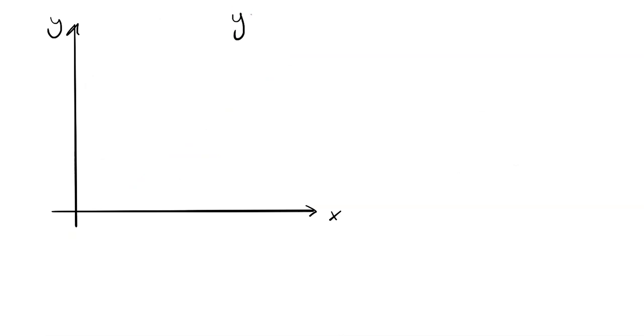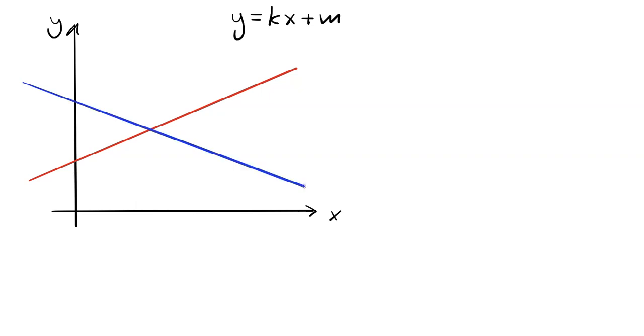So if you have a linear function kx plus m with a positive k, then the curve goes up. And if you have a straight line that goes down, that means that k is negative.